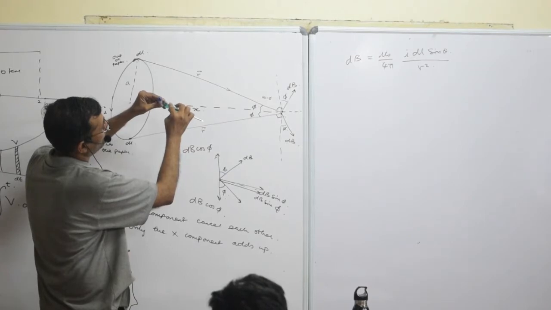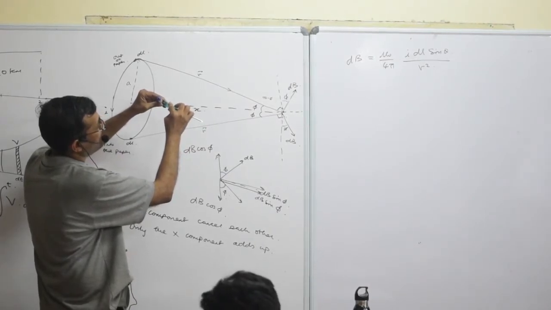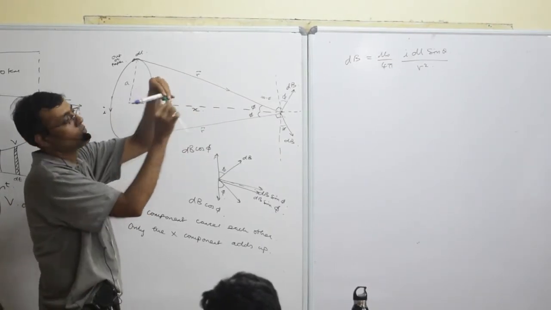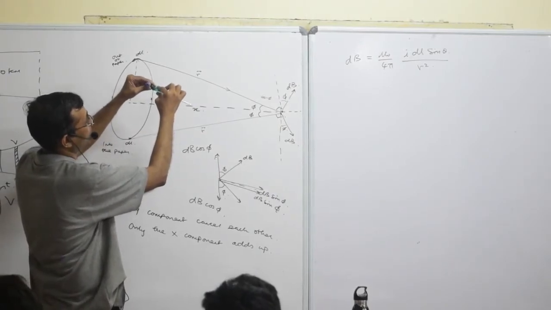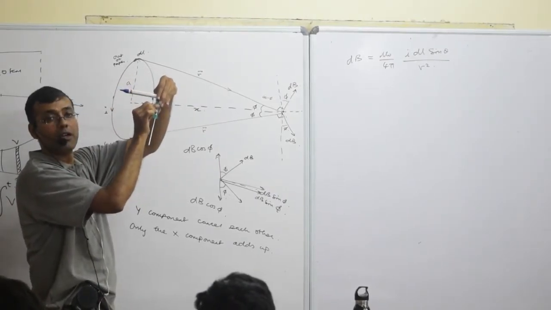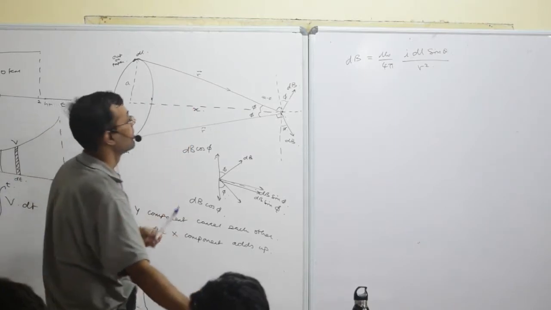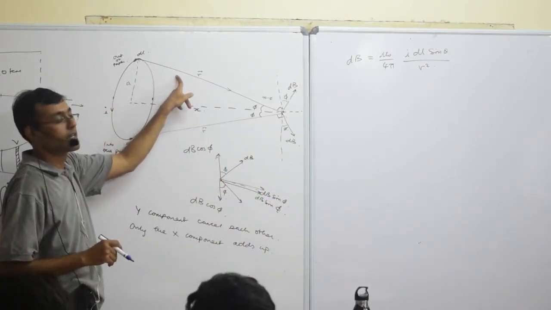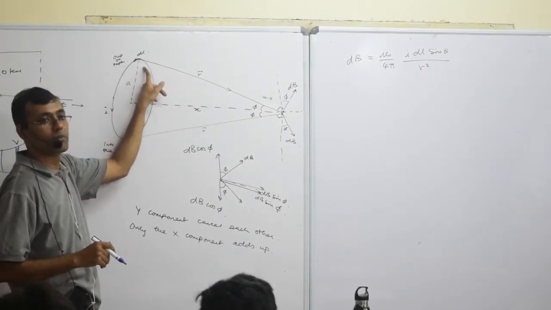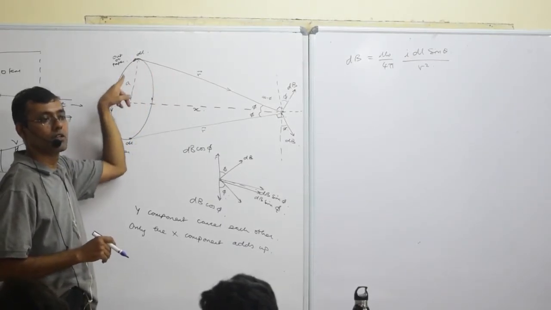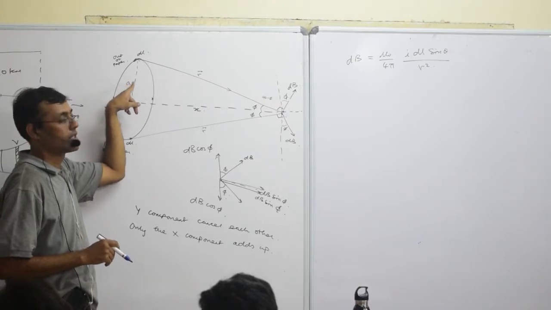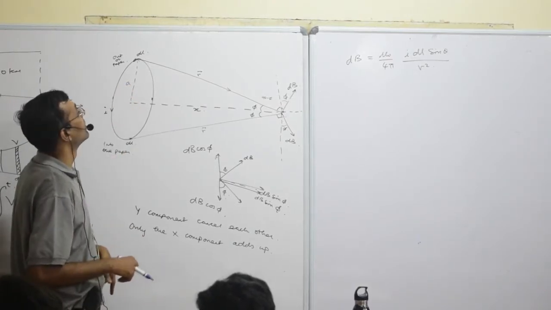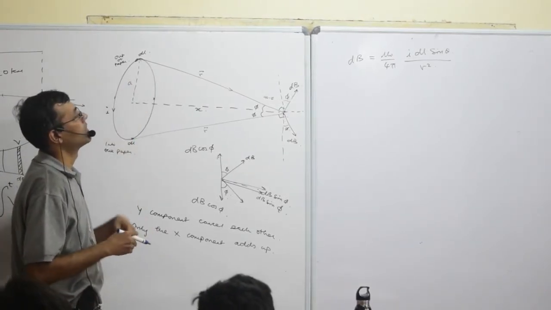So what can you say about the angle between them? 90 degree, right? You cannot understand it this way, but when you turn it and see it, it will be 90 degree. So the angle between dl and r is actually 90 degree, even though you don't see it here, because the diagram is not the way it's supposed to be because of the 3D thing, right? So only if you think with some pens, you'll be able to understand it.